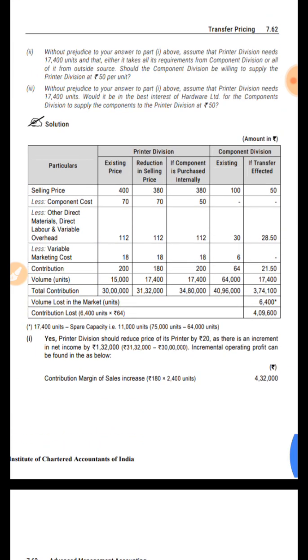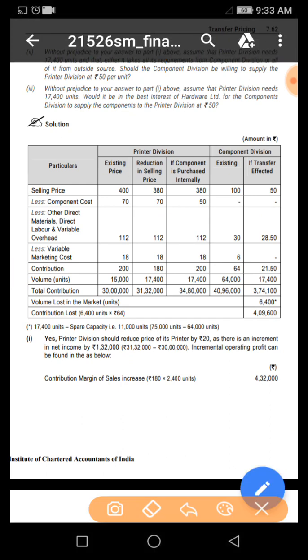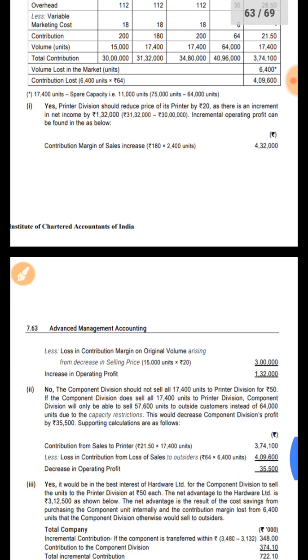See, if we look from the component division's point of view, if they are supplying to the printer division, they will be gaining 3,74,000, but they will be losing 4,09,600. So obviously the answer should be no.